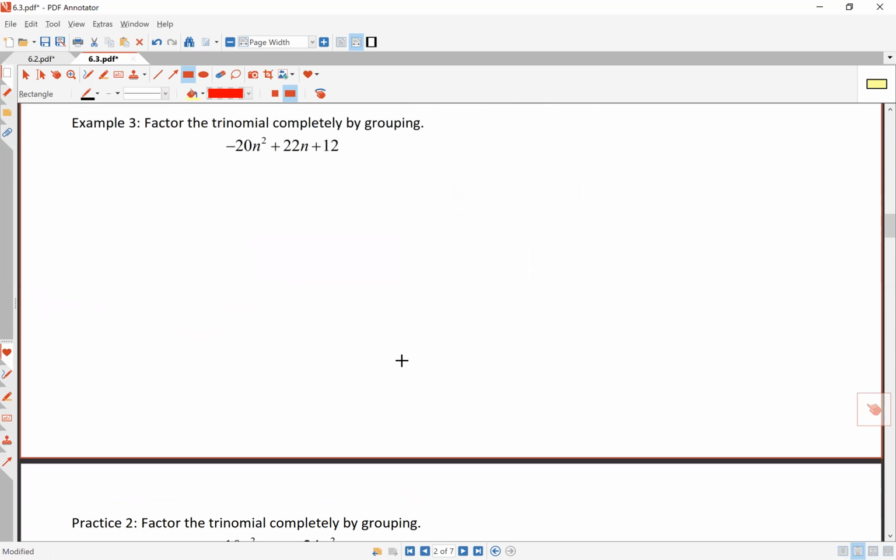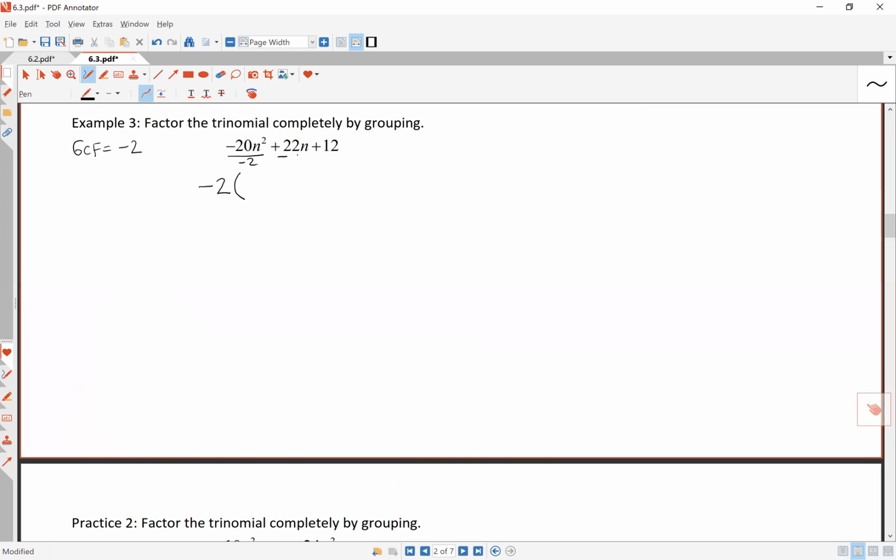Example 3. The first thing that comes to mind when I look at that is the negative in front of the 20n squared. I don't like those negatives, so I'm going to factor it out. But then I look further into this and I see that everything here is divisible by 2. So I'm going to first factor out the GCF of negative 2.